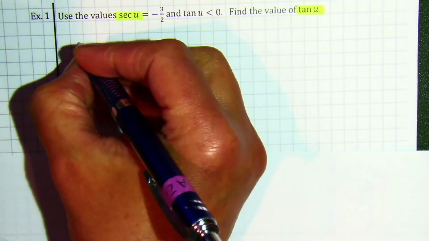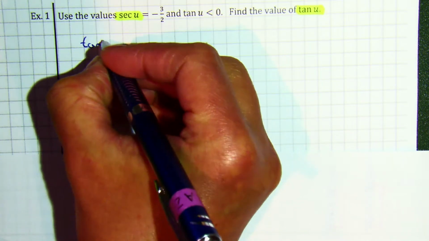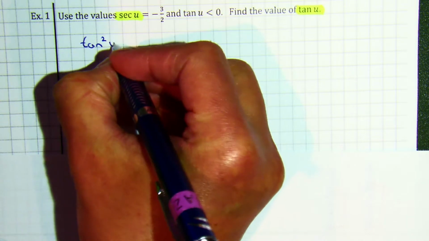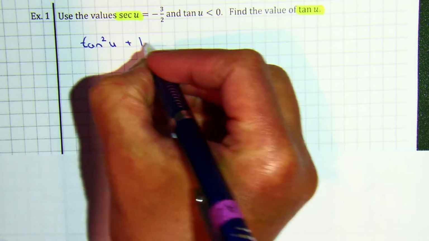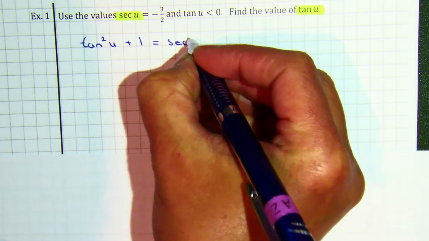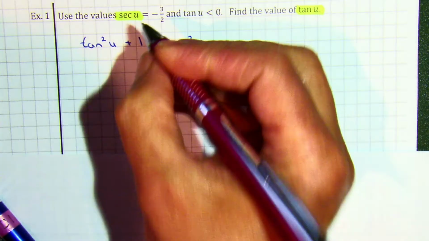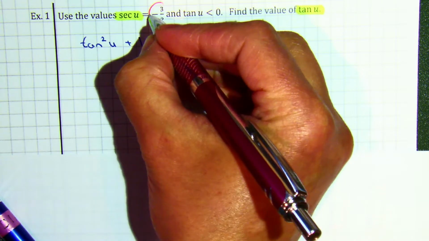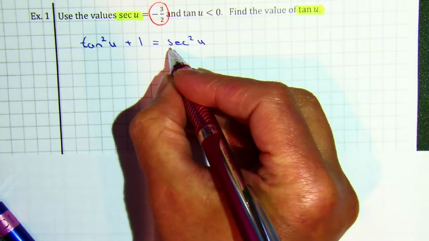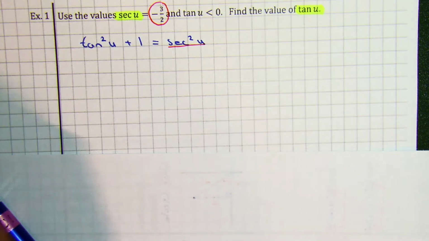We have tangent square of u plus 1 equals the secant square of u. And now what I'm going to do is replace my secant of u with negative 3 halves.